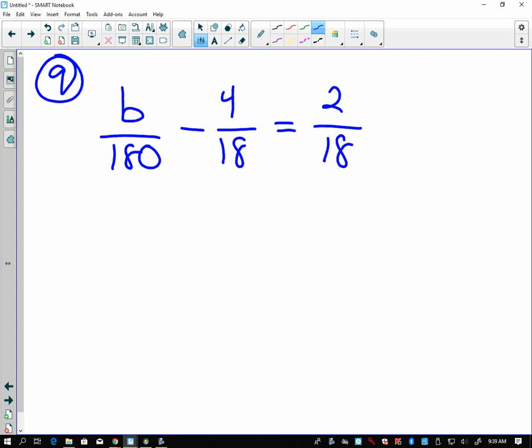We want to solve for b. What do you think? Tiffany? What do you do? You want to get a common denominator first. Okay. Where do you want to get that common denominator at?